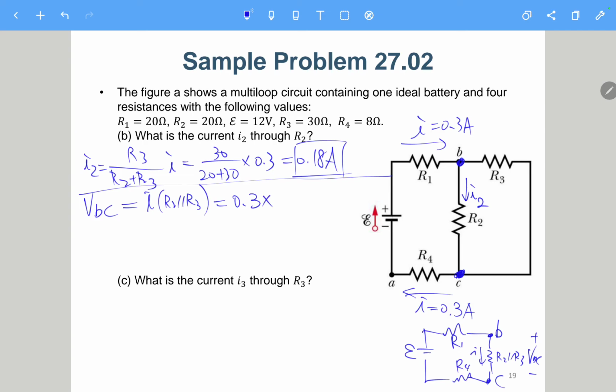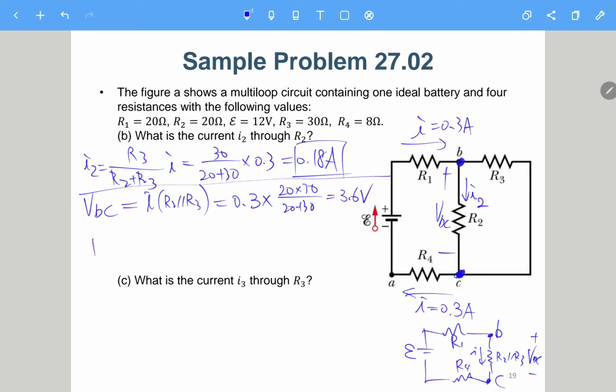Which is 0.3 times 12. 12 is 20 times 30 over 20 plus 30. So this is 12 times 0.3, which is 3.6 volt. And then you can determine I2, because you know VBC is 3.6.